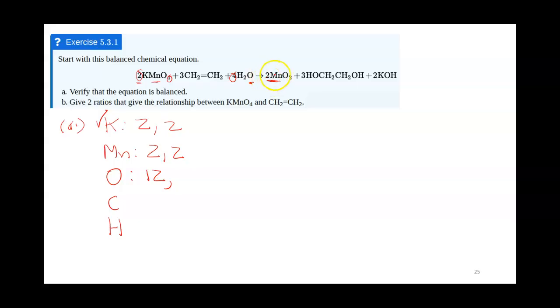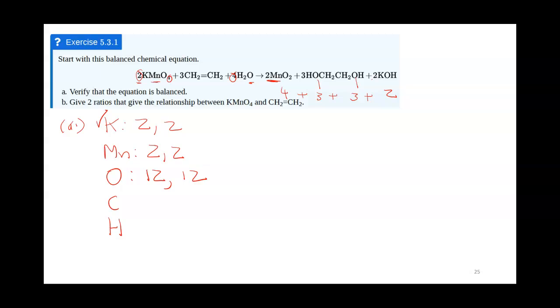On the right we have 2 times 2, that gives me 4 oxygens. Then we have 2 times 1, that gives me another 2. And then it's a little complicated here. We have 3 oxygens there, and then we have another 3 there. So 4 plus 3 plus 2, you guessed it, that equals 12.